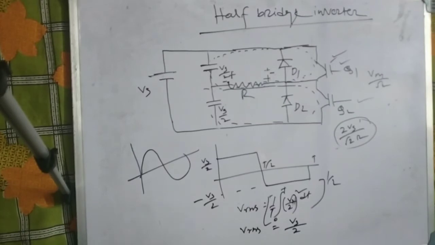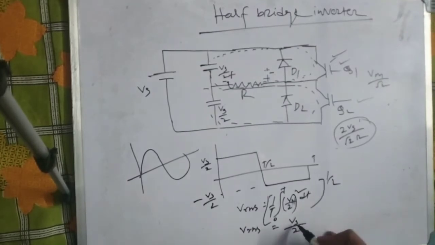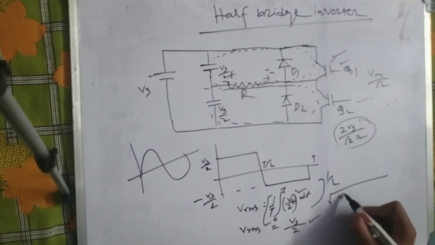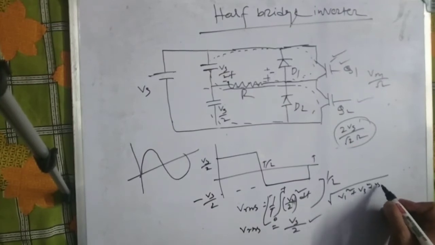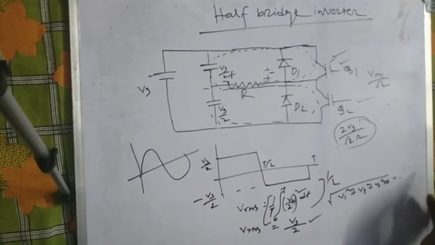Now here we can see Vs by 2 is the total harmonic. Here this is equal to V first harmonic square, plus V third harmonic square, plus V fifth harmonic square, plus V seventh harmonic square, and so on.